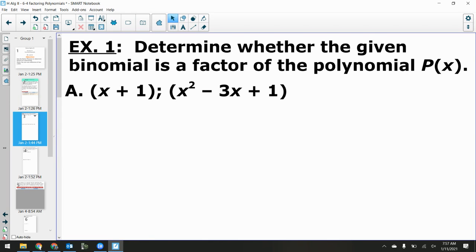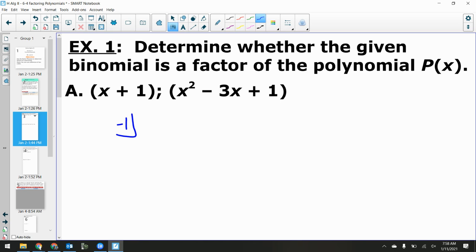So let's test these things out. Determine whether this binomial is a factor of the given polynomial p of x. So I've got x plus 1, and I want to see if it's a factor of x squared minus 3x plus 1. Well, that means I run synthetic division with -1. I can do this because it's a linear binomial.